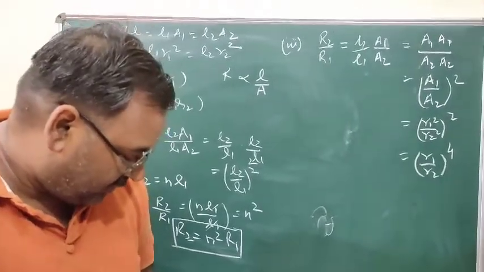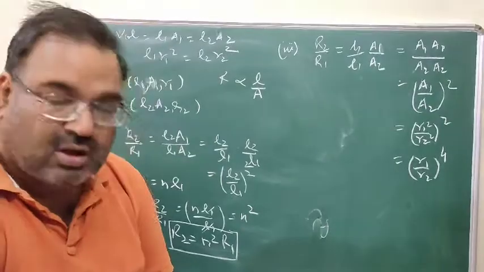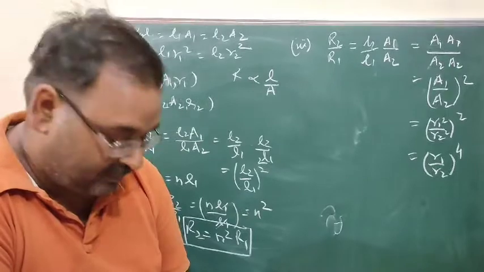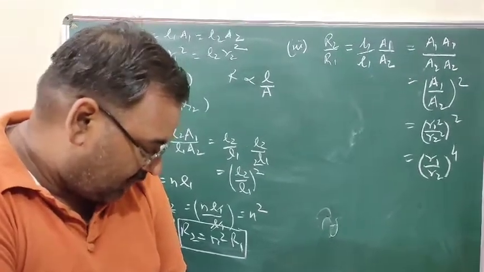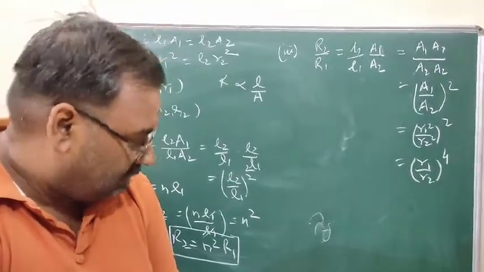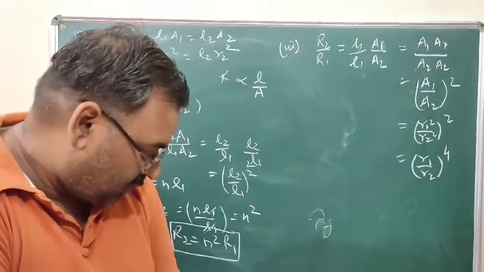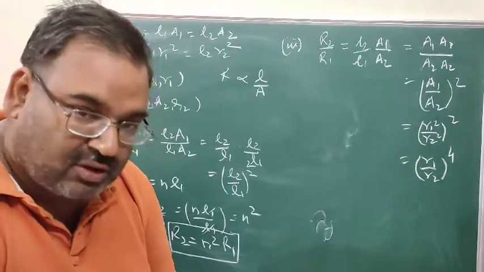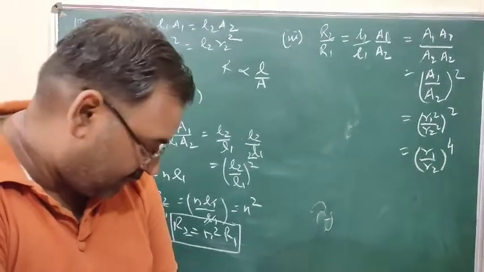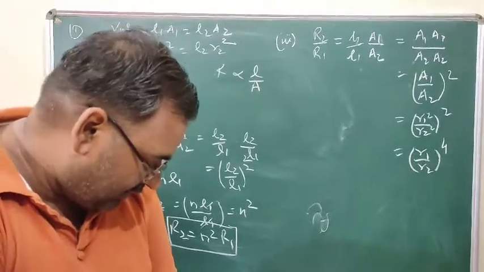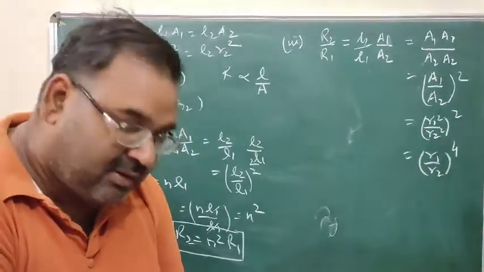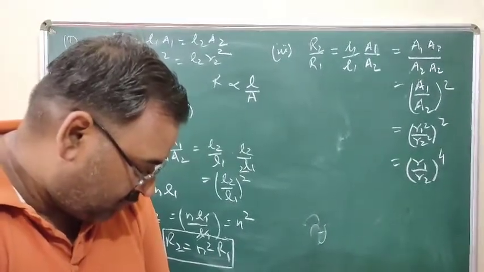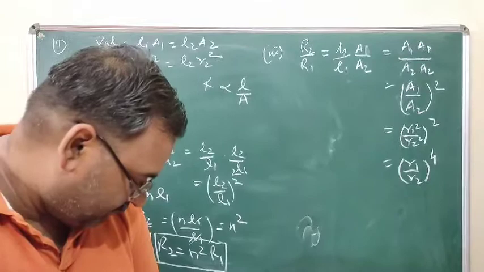For example, if the wire is stretched and its area of cross section becomes 1 upon n times, then the resistance R2 upon R1 will become n raised to power 4. If the wire is stretched so that its area of cross section becomes 1 upon n times thinner, then R2 upon R1 is equal to n raised to power 4.